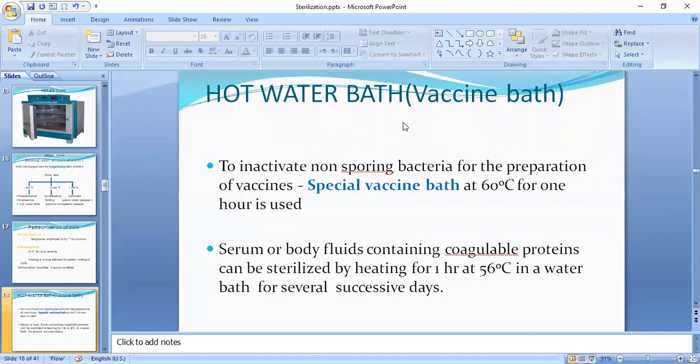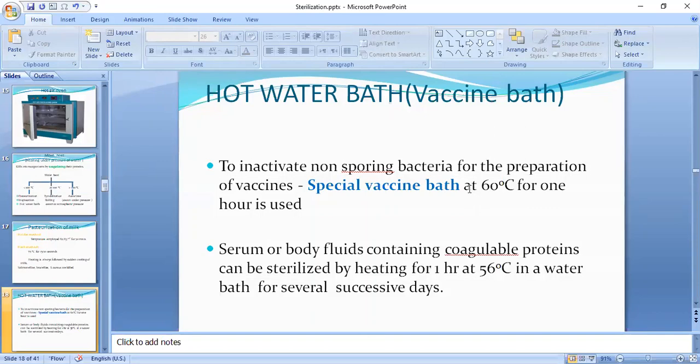The hot water bath. This is one of the methods of sterilization that is used in vaccine preparation, and the temperature given is less than 100 centigrade.